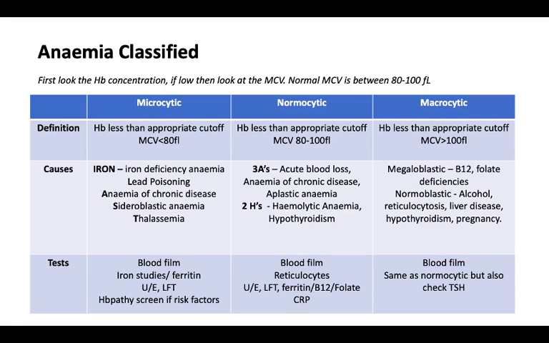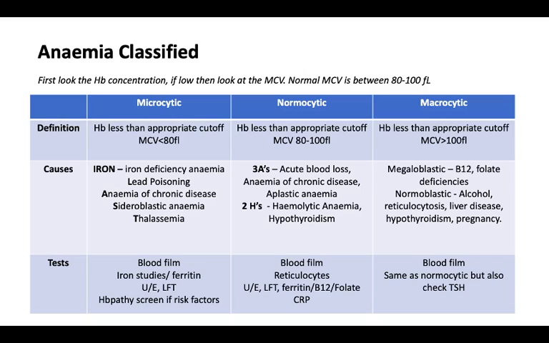So the megaloblastic anemias are the B12 and folate deficiencies, and normoblastic are macrocytic anemias that result due to excessive alcohol intake, reticulocytosis, liver disease, hypothyroidism, or pregnancy.